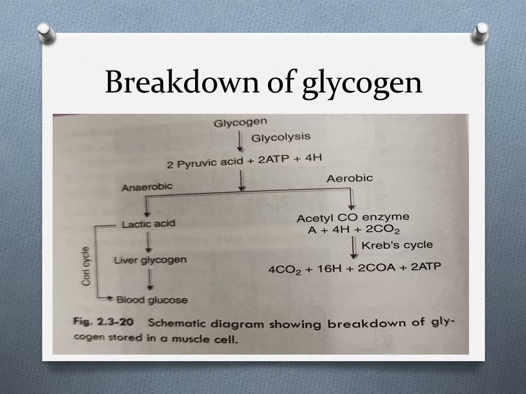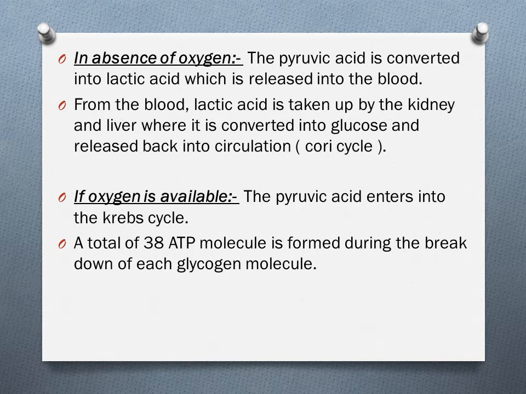Now, in the absence of oxygen, the pyruvic acid is converted into lactic acid, which is released into the blood. From the blood, lactic acid is taken up by the kidney and liver, where it is reconverted into glucose and released back into circulation.